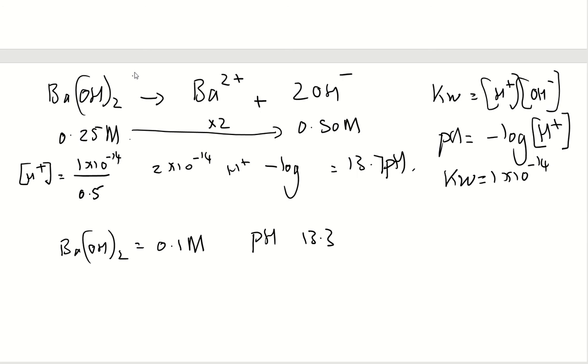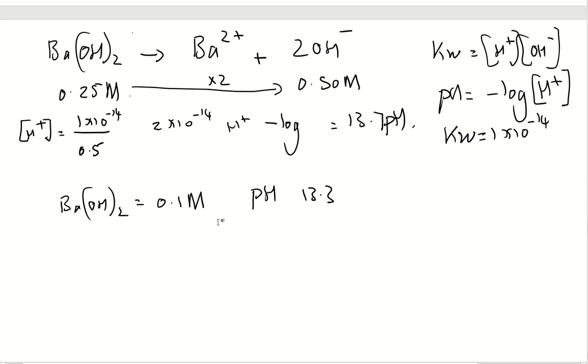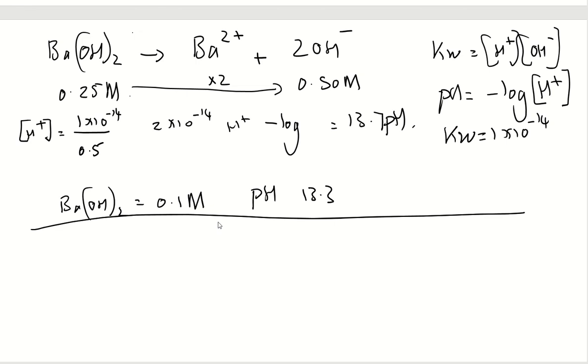Right, so that's fine. We also then have to be able to go back from the pH, like we did with the acid, the pH back to the original concentration of the alkali. So the same sort of principle applies as it did for doing this with acids. It depends whether the acid is monoprotic or diprotic. So let's take a nice simple one to begin with. We've got sodium hydroxide.